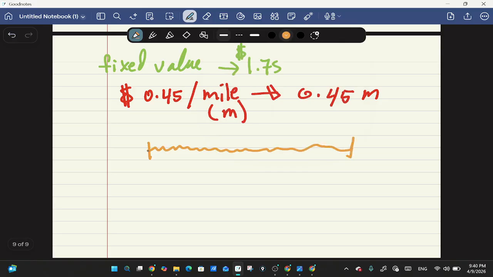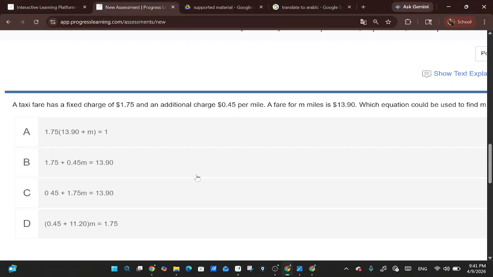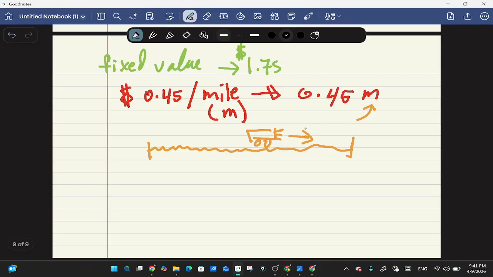So the taxi is moving m miles, which appears here, and in this case we can say that the whole cost is $13.9.